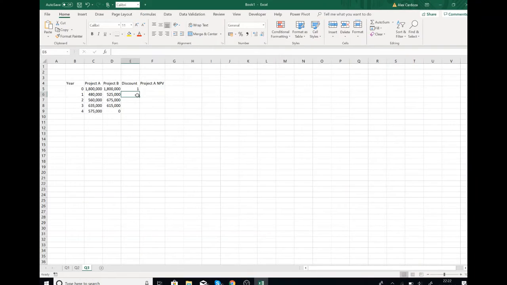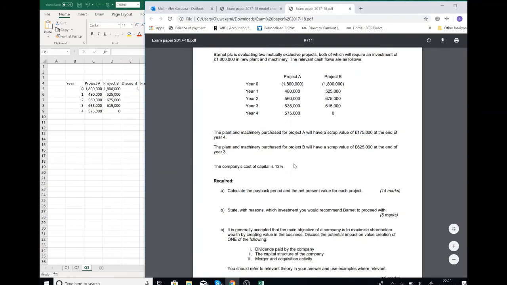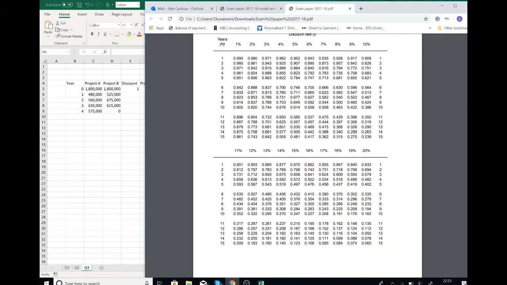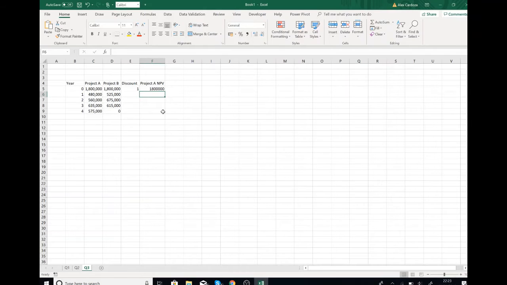Now you've got to tally this 13% to the number of years. You never discount year 0. Year 0 has always got a discount factor of 1. So you just take that and times that by that. So that's 13%. We go down here, we say 13%. So year 1 is 0.885.